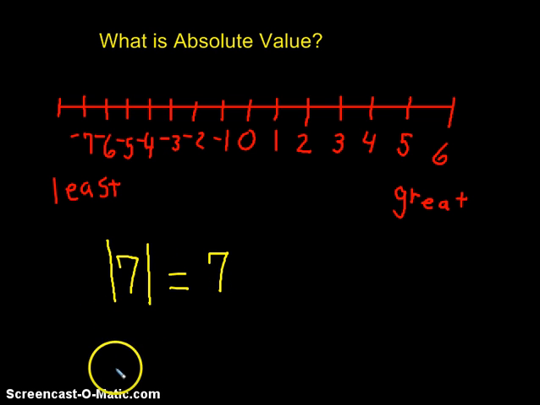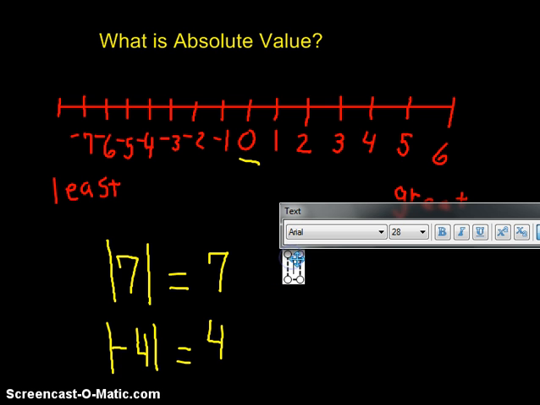Sometimes you get the absolute value of a negative number, -4. What you have to do is count the units between -4 and 0. So we would say 1, 2, 3, there are 4 units between 0 and -4. When it comes to absolute value, it is always positive.